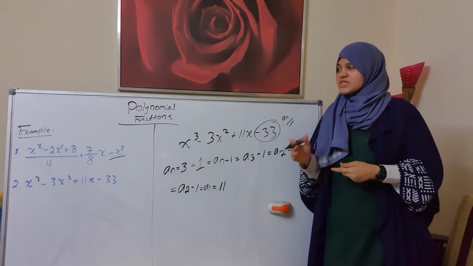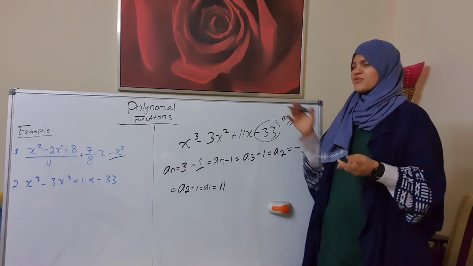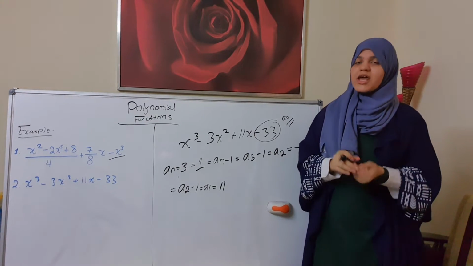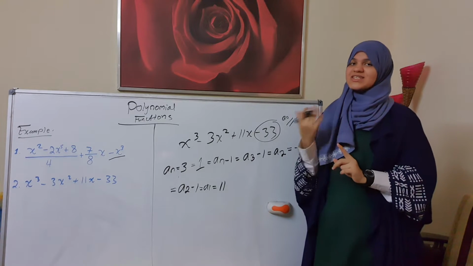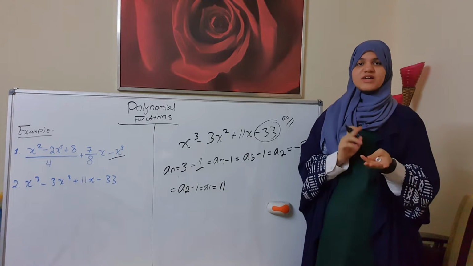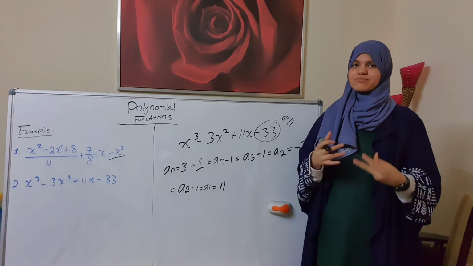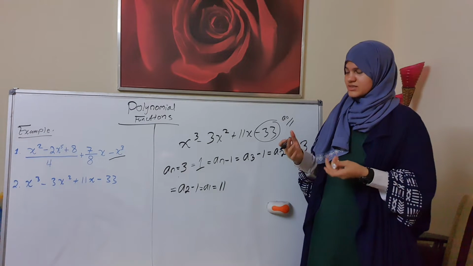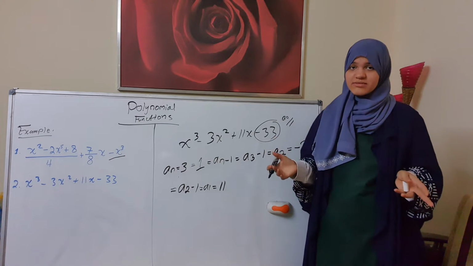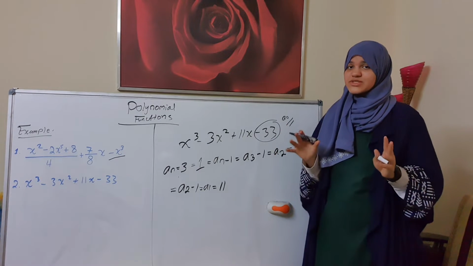Now let's go for the terms, or before the terms, there are some operations on polynomial functions. We have addition, subtraction, multiplication, and division. But let's put the division in the last step. First of all, let's finish addition, subtraction, and multiplication, because they are easier to solve, but in division there are some steps you need to follow.